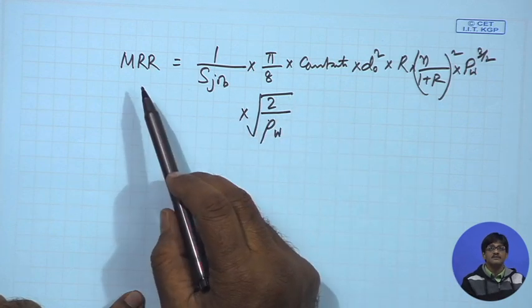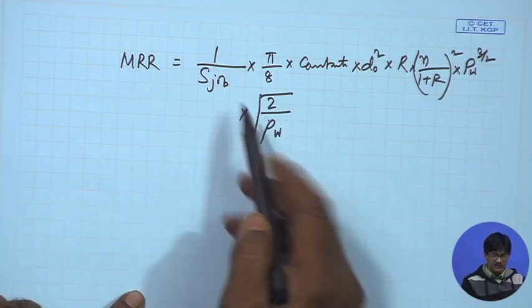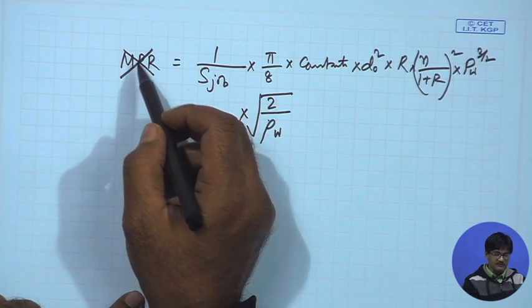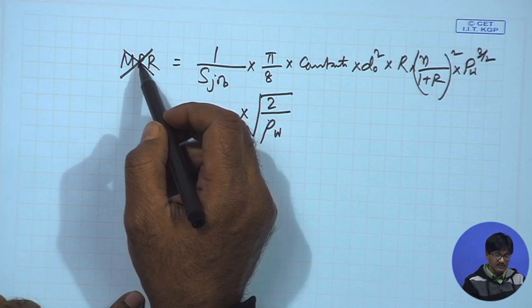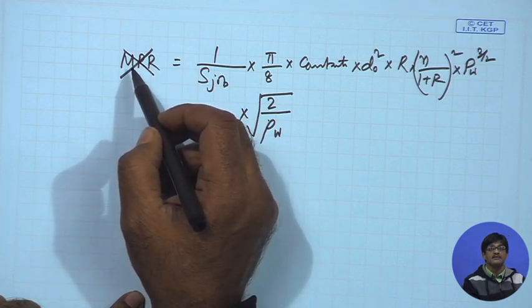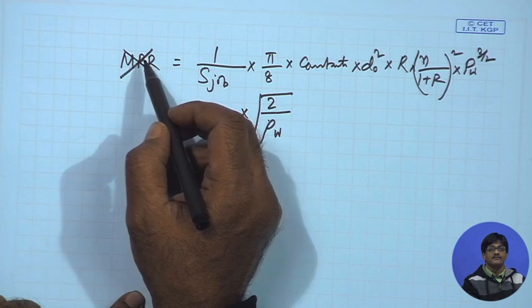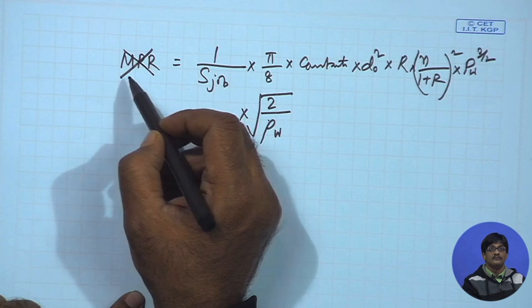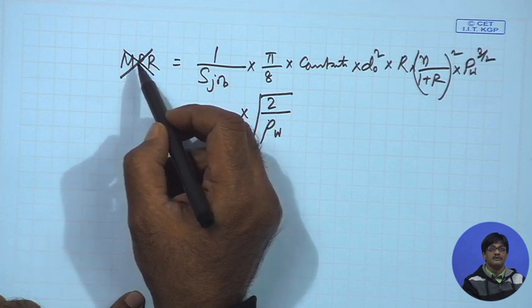Now, how does it compare with the grooving equation that we had written down? It comes in here. Instead of writing MRR, we do not need to bring in density.